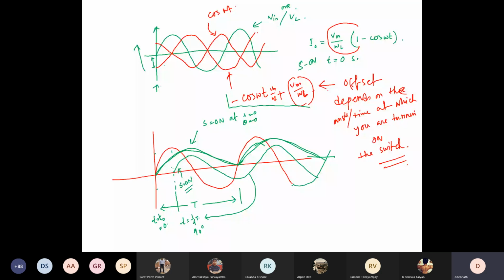But what I want to show you is that you should never blindly say current will be lagging the voltage, right? In this kind of switching circuit, it depends exactly on when you are turning on the switch. Based on that, the integration offset will get decided if you solve it.